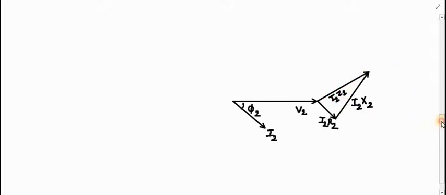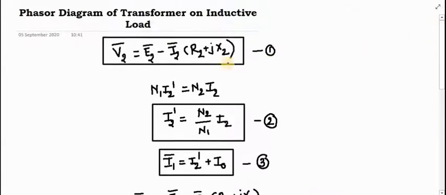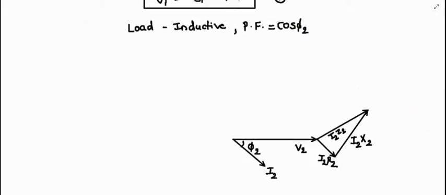What is my first equation? V2 is E2 minus I2 into (R2 plus jX2). Means if I add this impedance drop to V2, what do I get? It is the mutually induced EMF in the secondary. So I take the vector sum of V2 and I2 Z2 to get E2, the mutually induced EMF in the secondary winding.